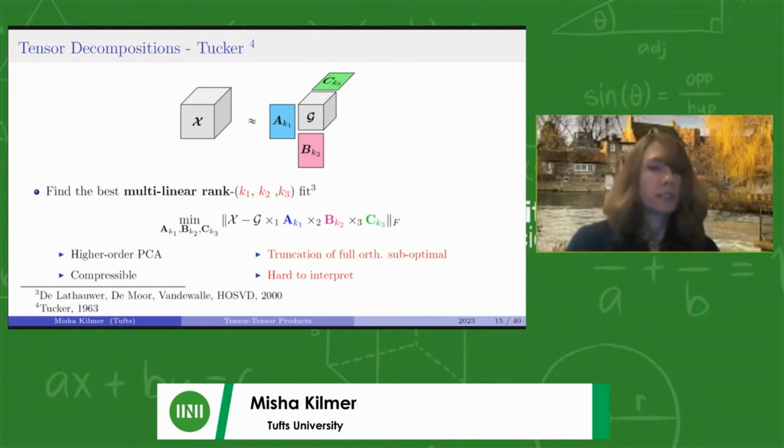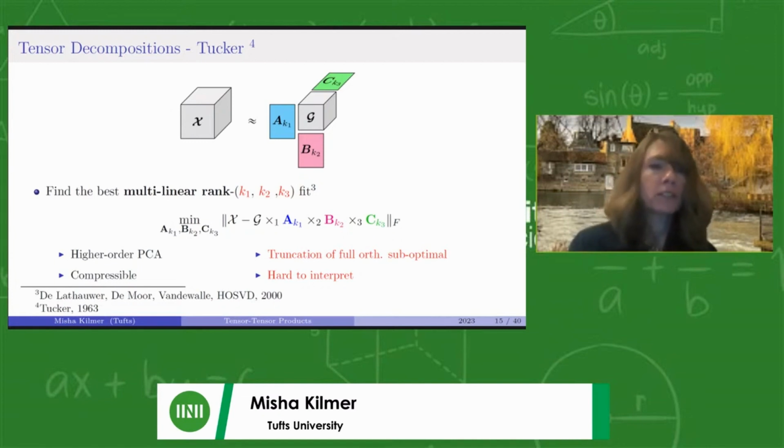You could truncate along each one of those modes and get an analogy to the matrix truncated SVD. However, if you do that, the truncation is not an optimal approximation in the Frobenius norm. So we don't hit that even in this case either.